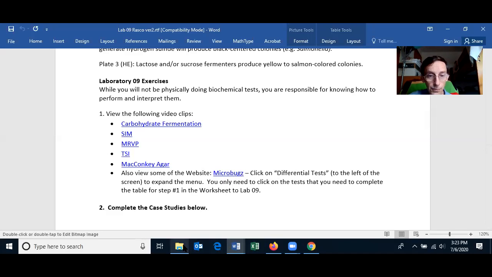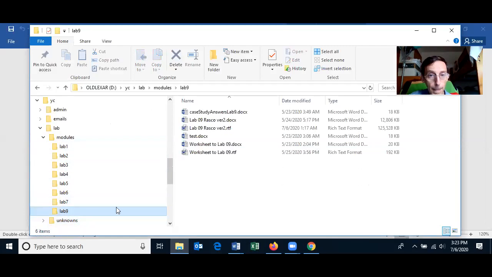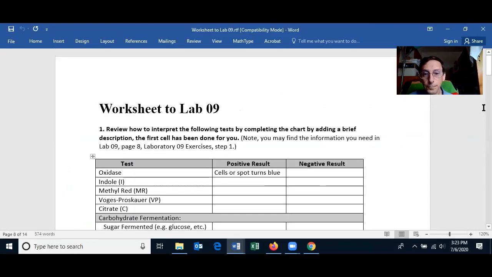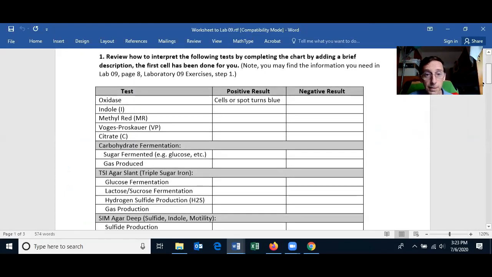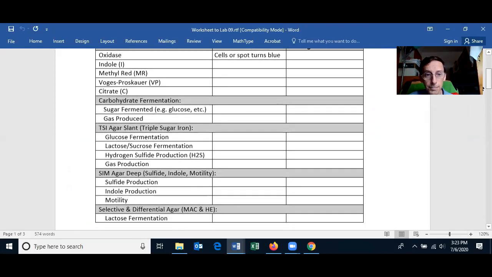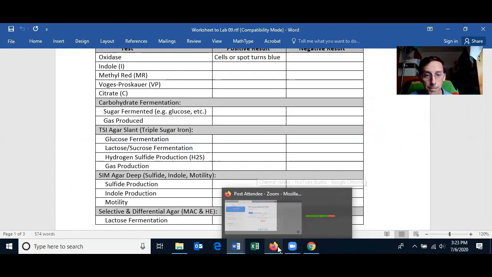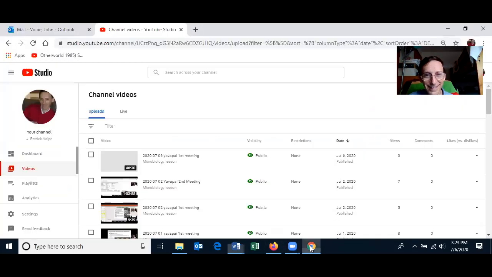And let me go ahead and show you that. So this is the table here. Whatever tests are on the table, you'll need to get them from, where do I have it?